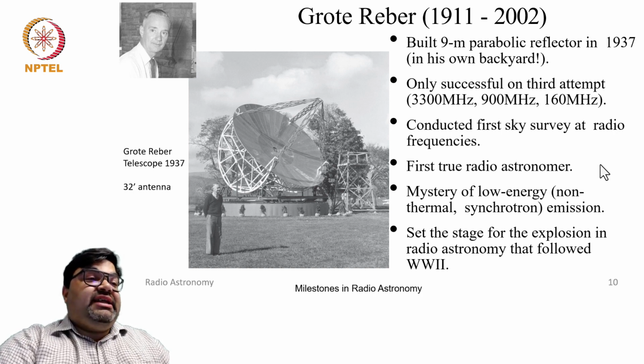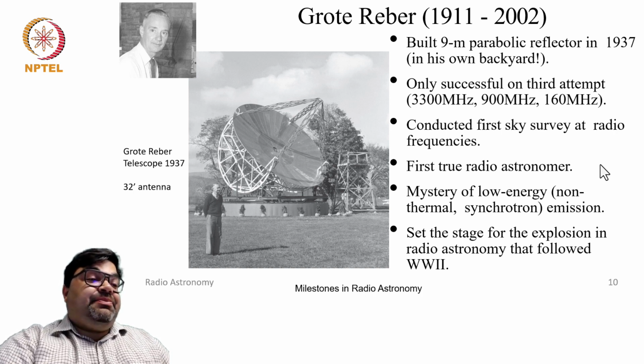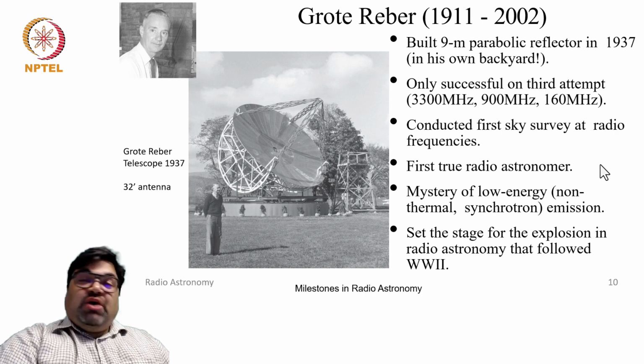If you really want to claim that, and this debate is still out, Grote Reber knowingly built a 9-meter parabolic reflector in 1937 in his own backyard, and then observed at 3 different frequencies, conducted the first sky survey at radio frequencies. Truly a radio astronomer, by hobby or by profession.